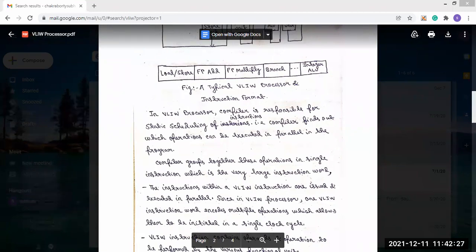Inside this instruction there are multiple independent operations, which we group together to make this instruction format, and these are executed in parallel.